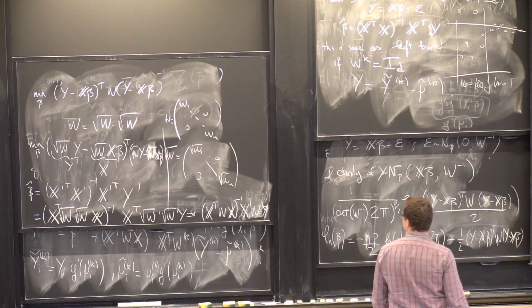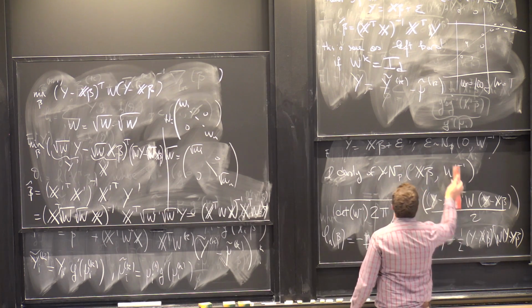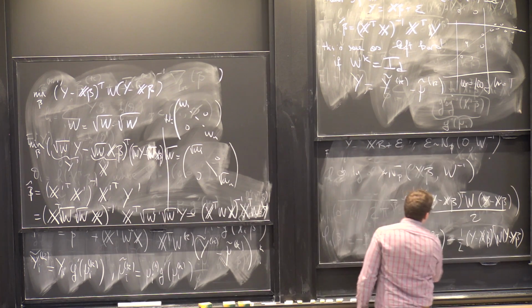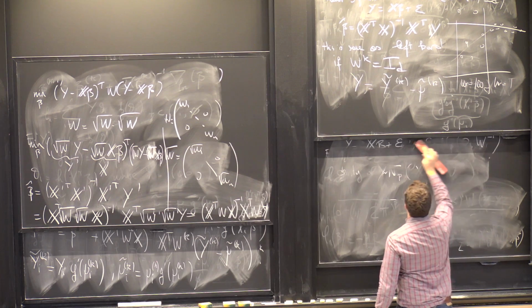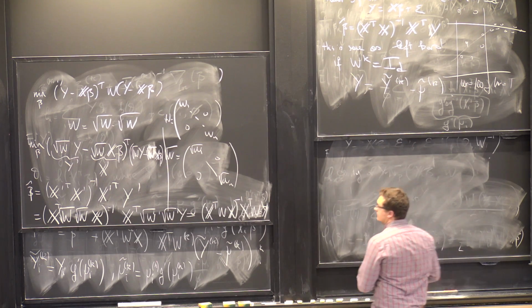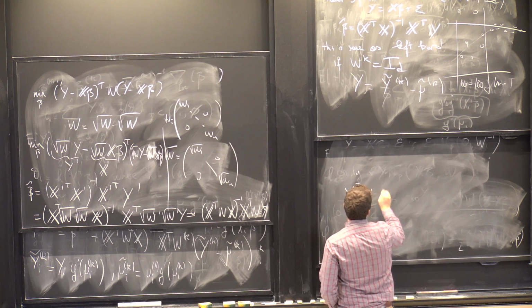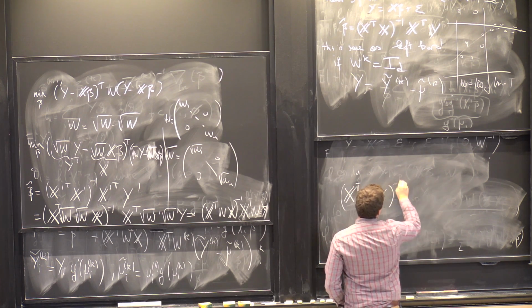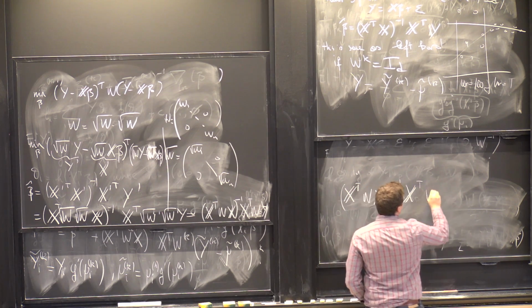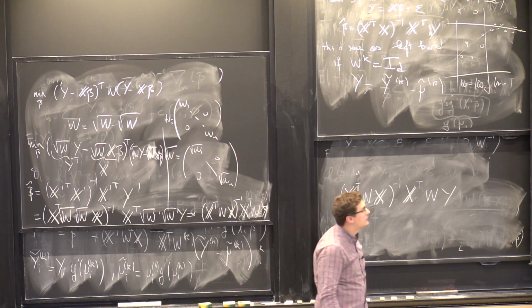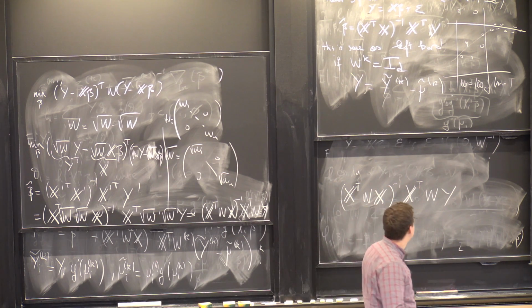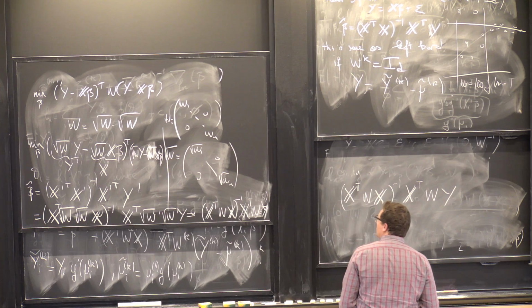Okay, so the solution, let's write it in some place that's actually legible. The correction for this thing is (x transpose w x) inverse x transpose w y. Okay? So you just squeeze in this w in there. And that's exactly what we had before.